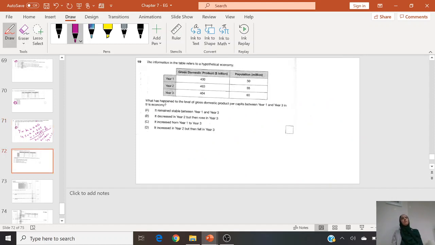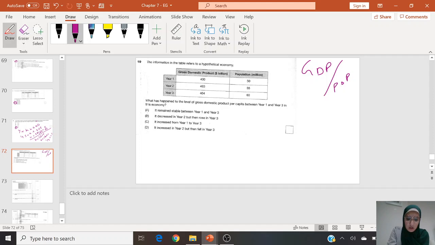Okay? Moving on. Question number 19. The information in the table refers to a hypothetical economy. This is fairly easy. What has happened to the level of GDP per capita between year 1 and year 3? To find the GDP per capita, all you need to do is divide GDP by the population. Find that out for all 3 years.